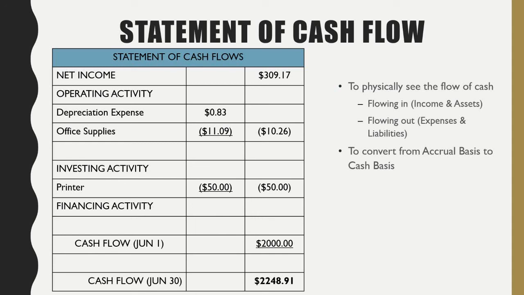If you are on accrual basis, you're going to convert anything that's not cash into a cash value. This shows you how much cash is flowing into the company and how much cash is flowing out of the company.